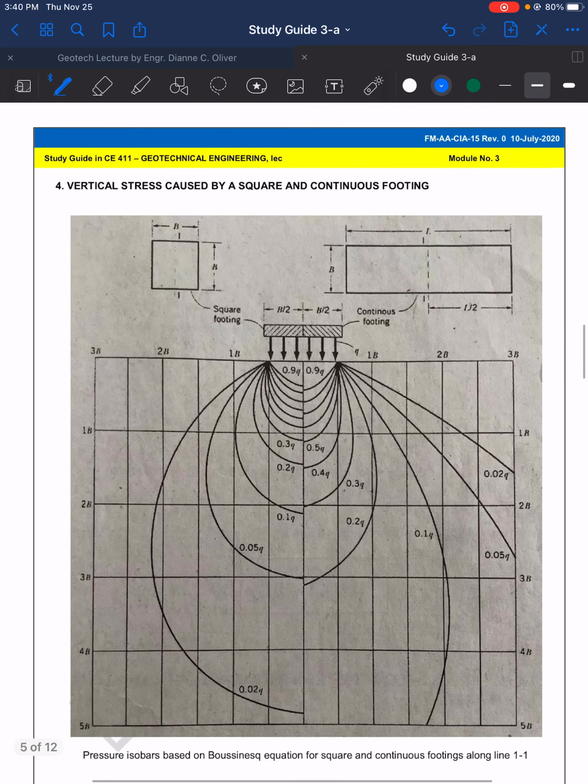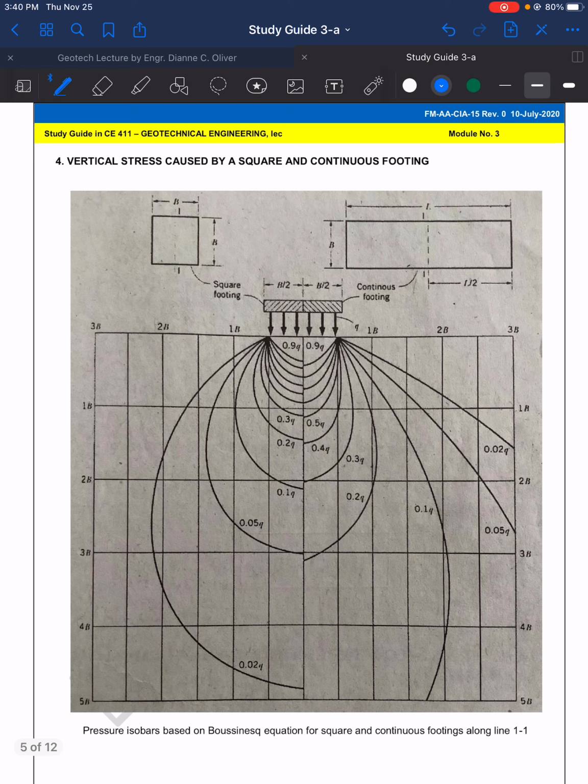Now this time, in this video, we are going to discuss the 4th, 5th, 6th, and the 7th formula. So here we have the 4th formula, the vertical stress caused by a square and continuous footing using the pressure isobars based on Boussinesq equation for square and continuous footings.